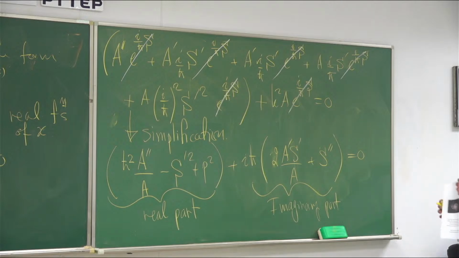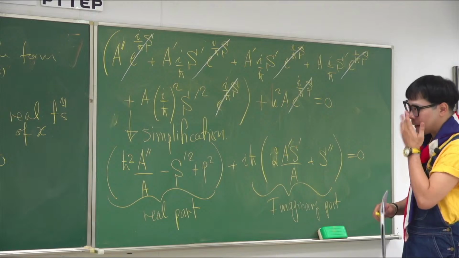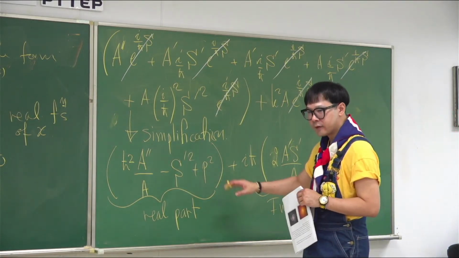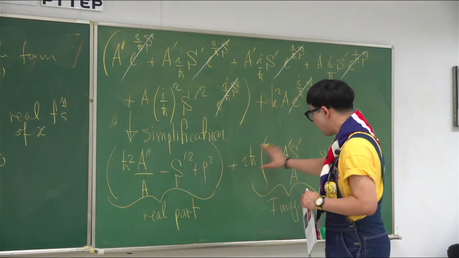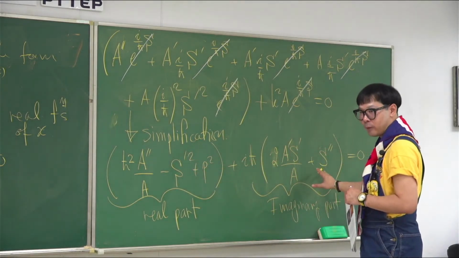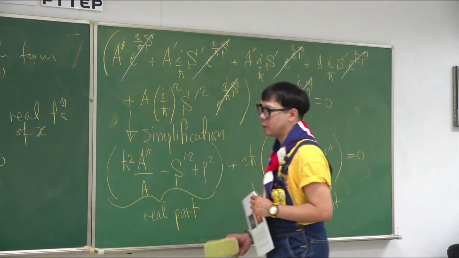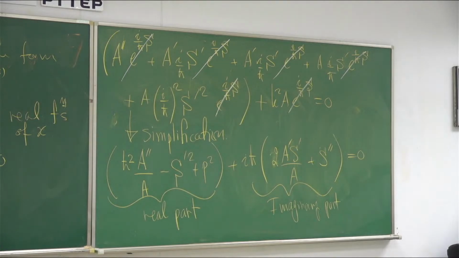So it means that this equation will hold if and only if the real part must be 0 and the imaginary part also must be 0, then you get 0, right? Then that is a condition that we are going to look at now.